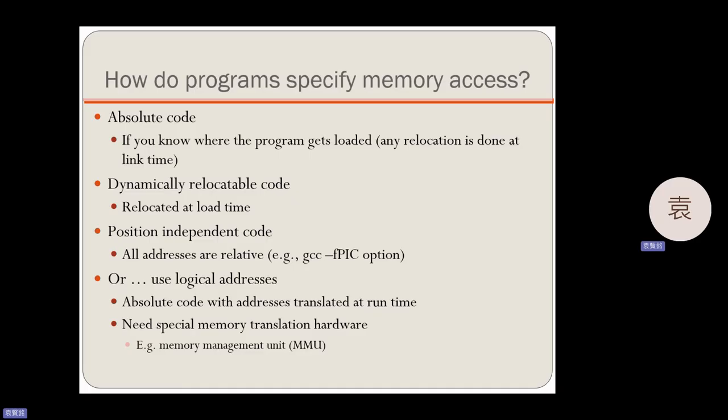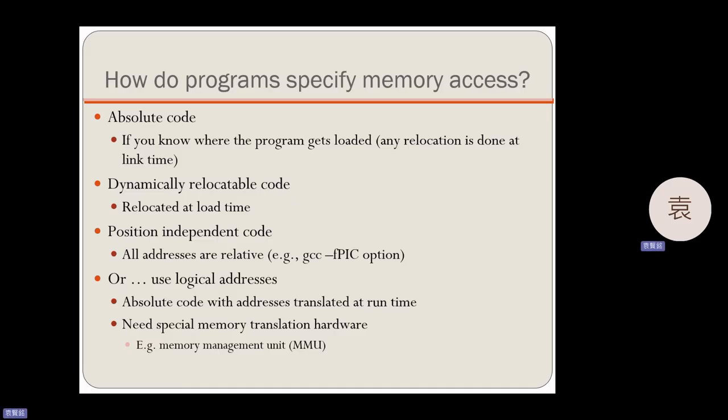Although the CPU will generate references to an absolute location, this absolute location is a logical one, not a real memory location. This logical to physical address mapping is supported by special hardware.